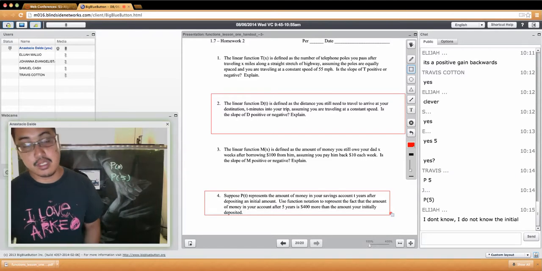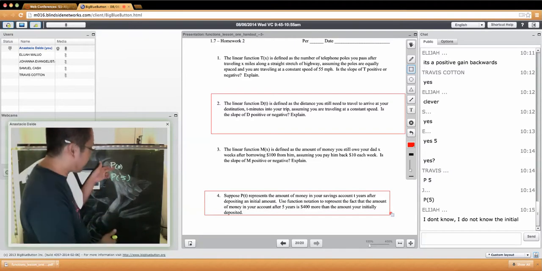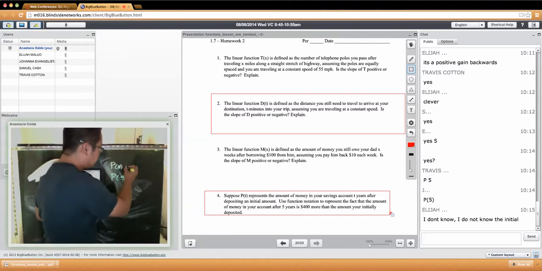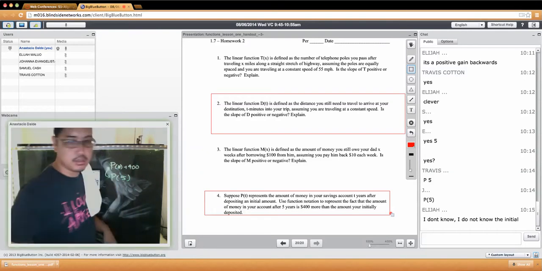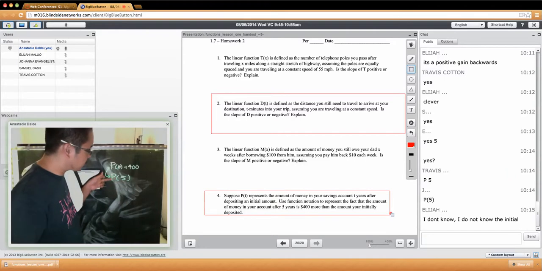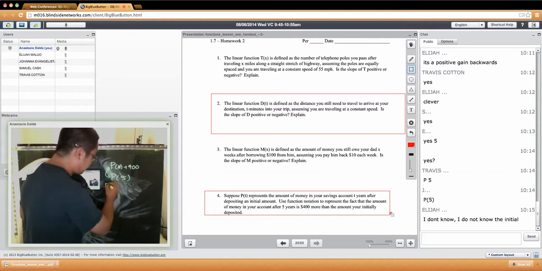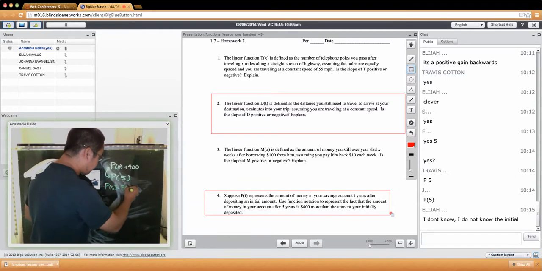So what we know is that P(5) is the one that's bigger, so we need to add $400 to this one if we want them to be equal, right? Because this one's $400 more, so if I add $400 to this one, then they will be equal. So the way you write it down is you can just say P(5) is equal to P(0) plus 400.